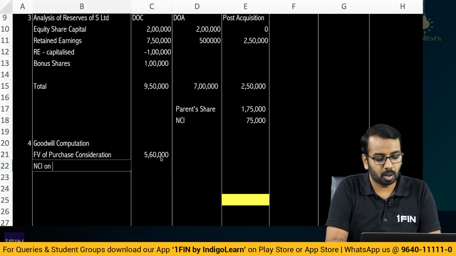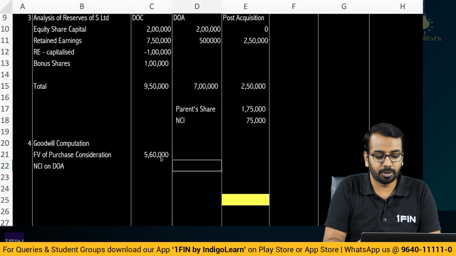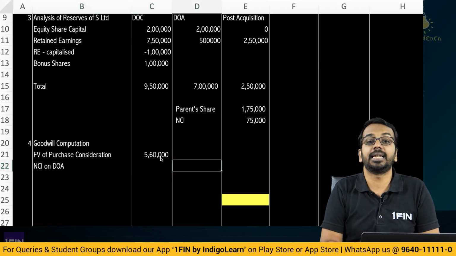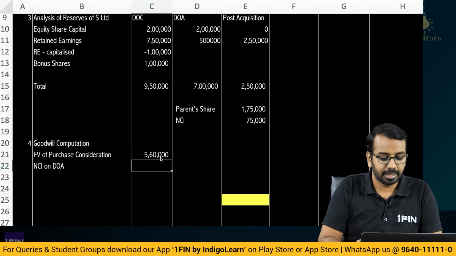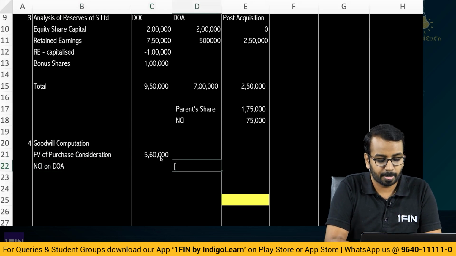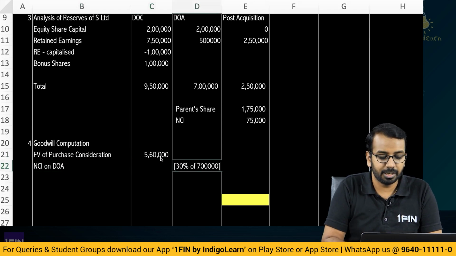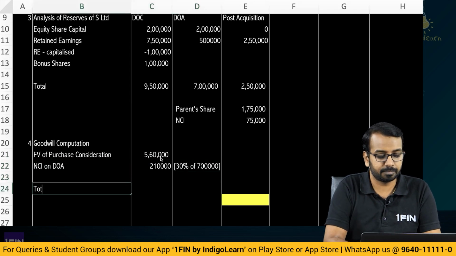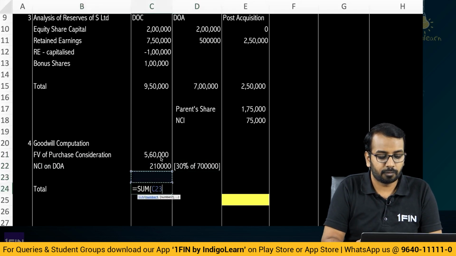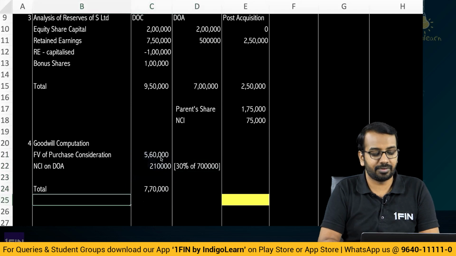NCI on date of acquisition, using the proportionate net assets method, will be 30% of 7 lakhs, that is 2,10,000. So the total becomes 560 plus 210, 7,70,000.